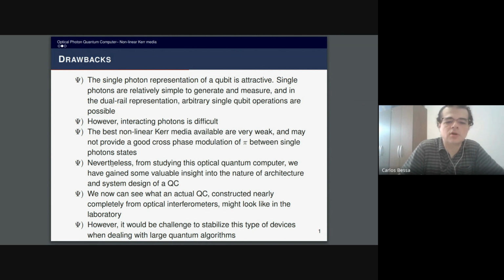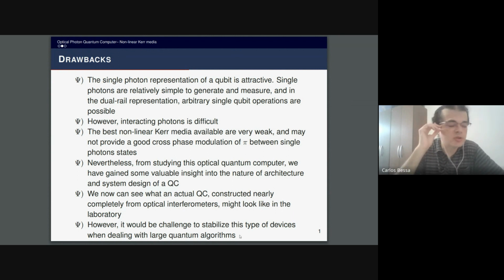We have other issues. By studying this optical quantum computer that we considered, we have gained some valuable insights into the nature of the architecture and the system design for our quantum computing. We now can see what an actual quantum computer constructed nearly completely from optical interferometers, like the exercise we made in the last lecture, must look like in the lab. However, it would be challenging to stabilize this type of device when dealing with large quantum algorithms.